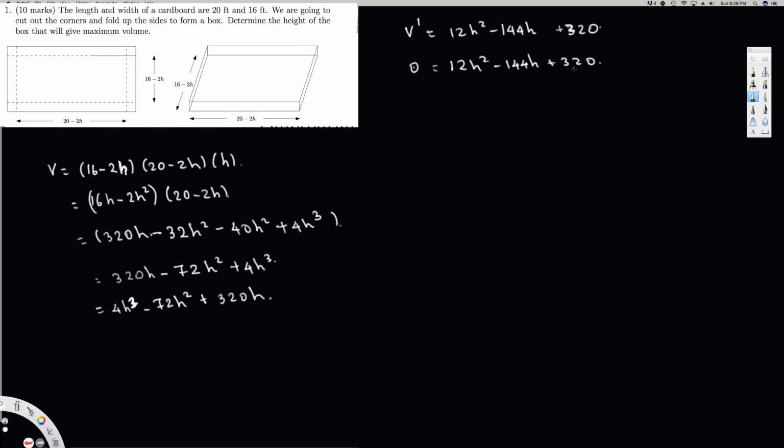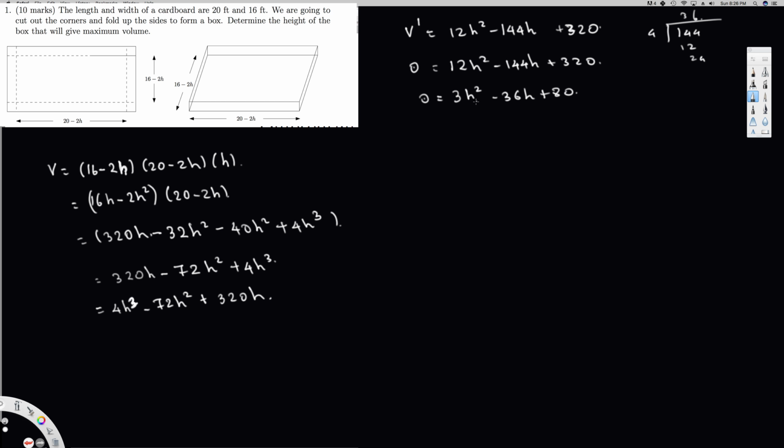If I divide everything by 4, 12h square becomes 3h square, and 144 divided by 4 is 36, so 36h, and 320 divided by 4 is going to be 80. And this is equal to 0.